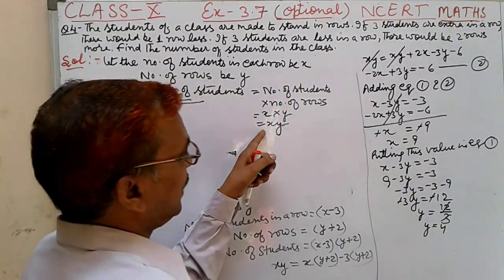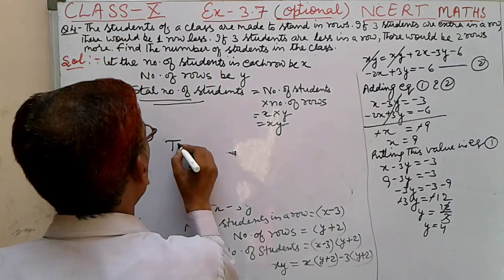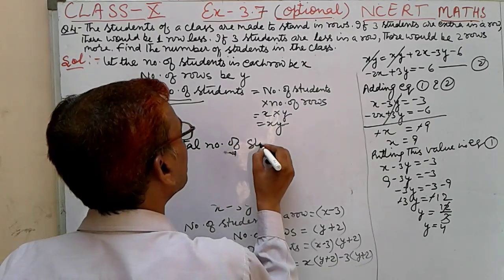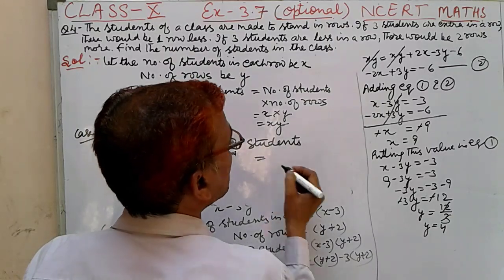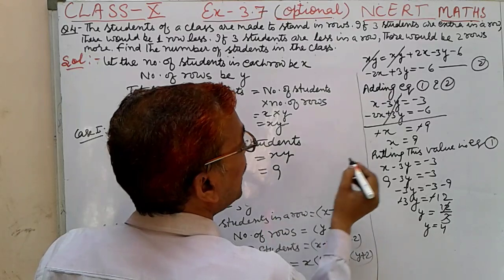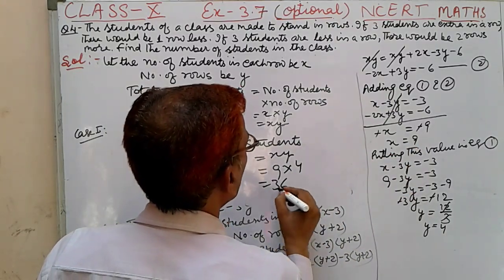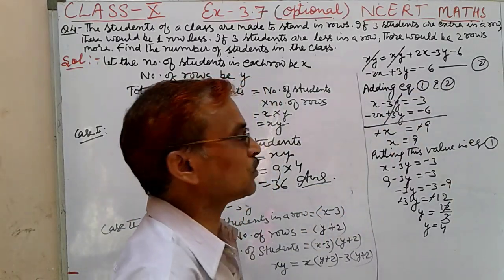Putting the value of xy here, the total number of students is equal to xy, that means x here 9 into 4, 36. There will be 36. This is the required answer of this question.